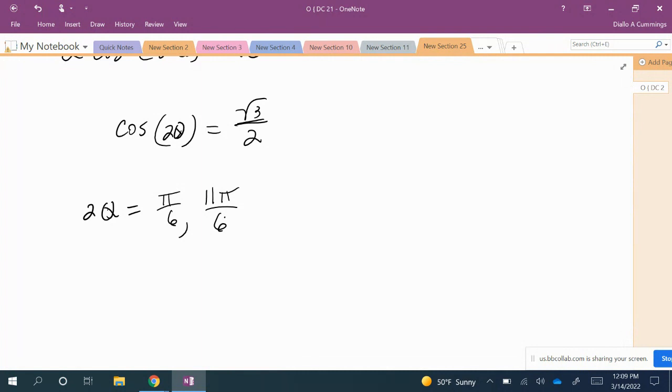I'm simply going to take these two angle measures, pi over 6 and 11 pi over 6, and add 360 degrees or 2 pi radians. That would give us the other angle measures from 2 pi to 4 pi that have the same cosine value, because we're in fact finding coterminal angles.